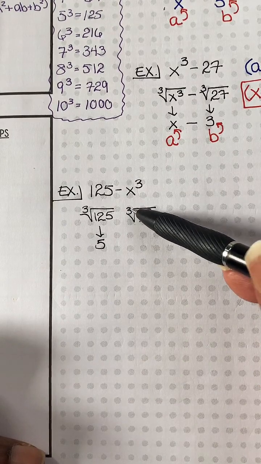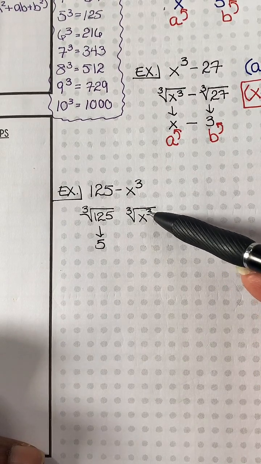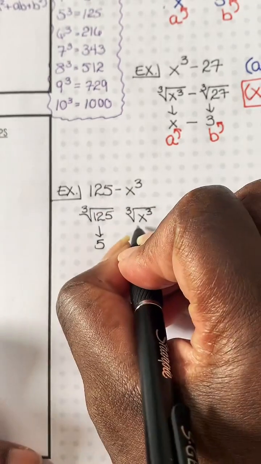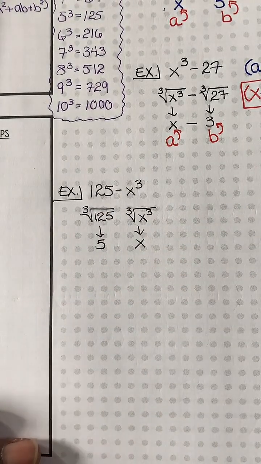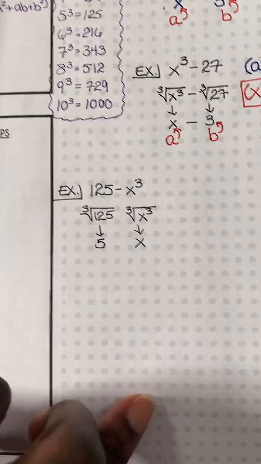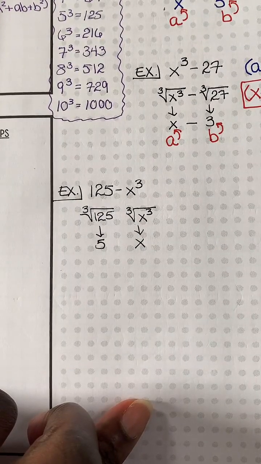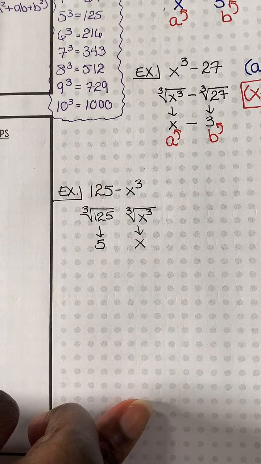Remember, cubes and cube roots are inverses of each other. They're opposite. So we can make that x. So you're probably saying, well, Audrey, do I just make the 5 my A and the x my B? Yes, you do. That's all it is.